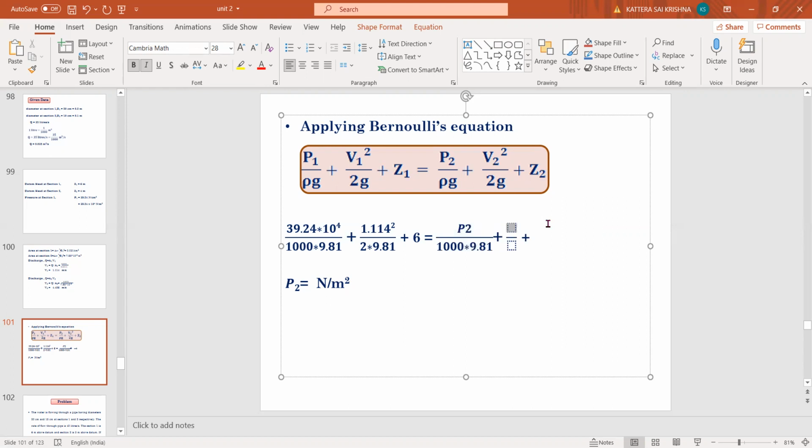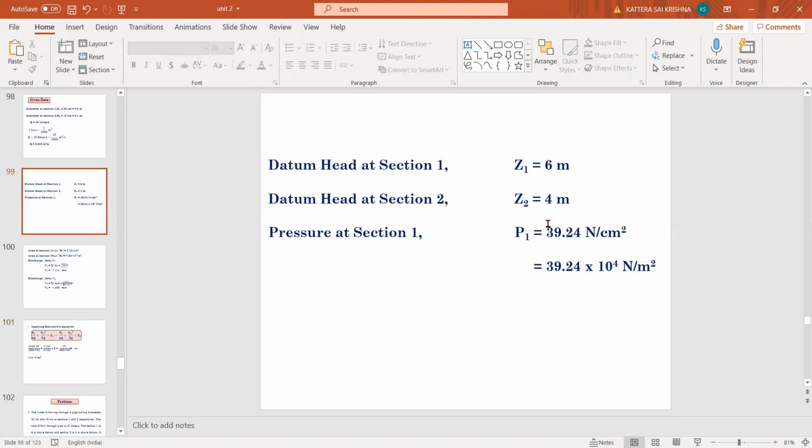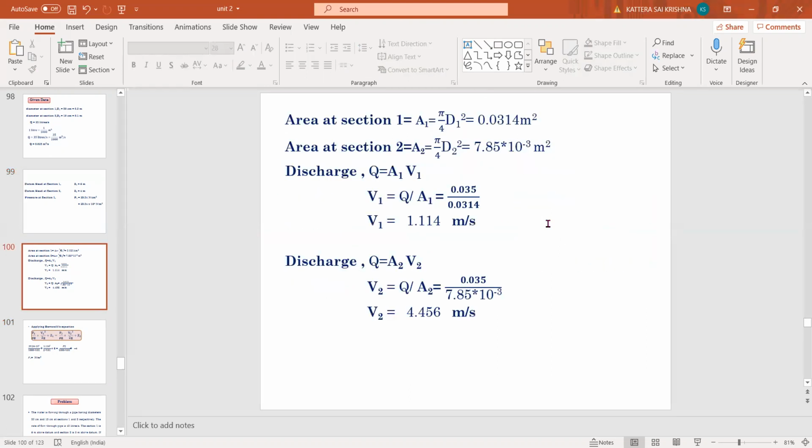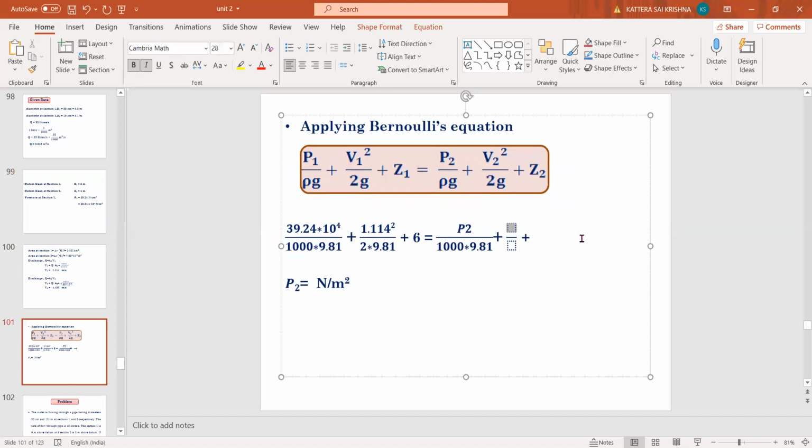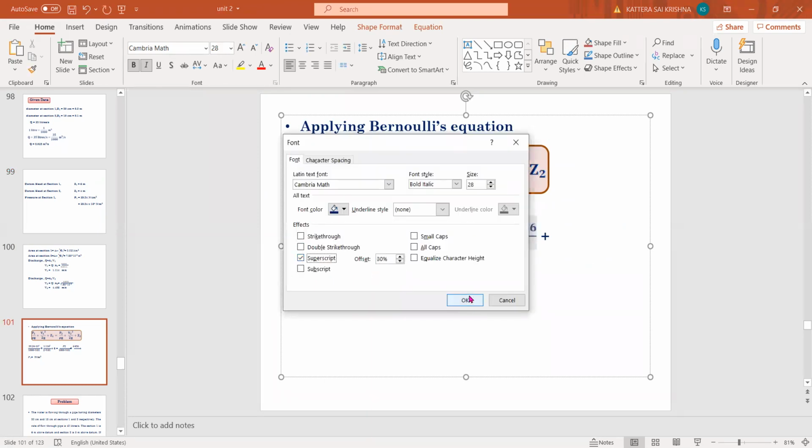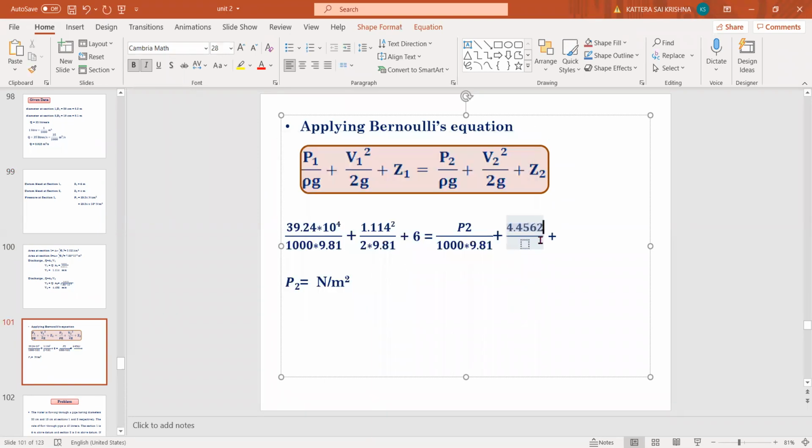V2 is 4.456. 4.456 square divided by 2 into 9.81, plus Z2.